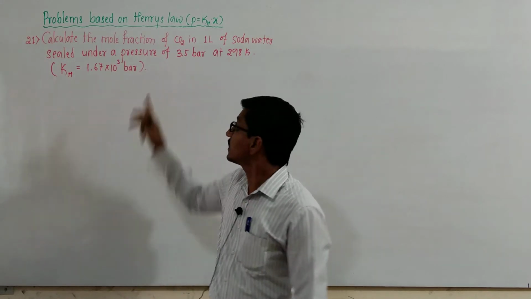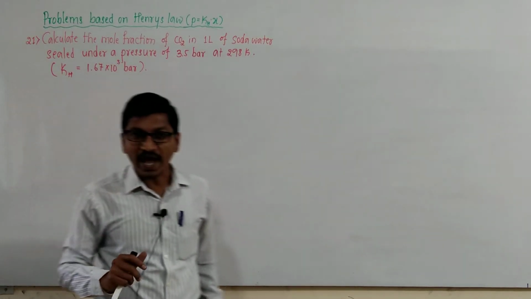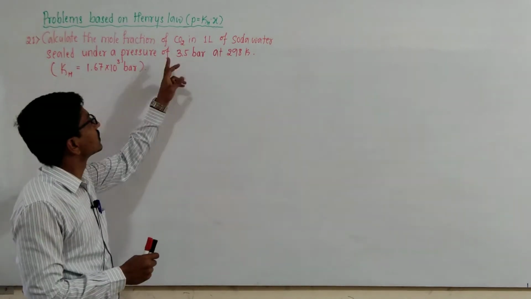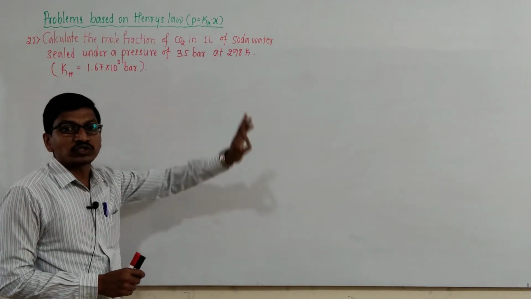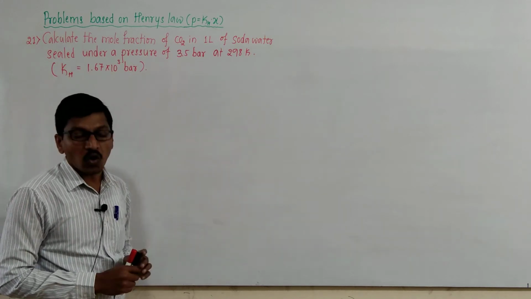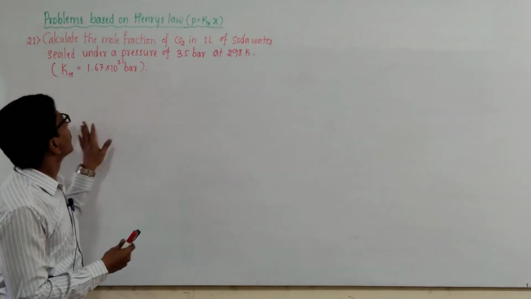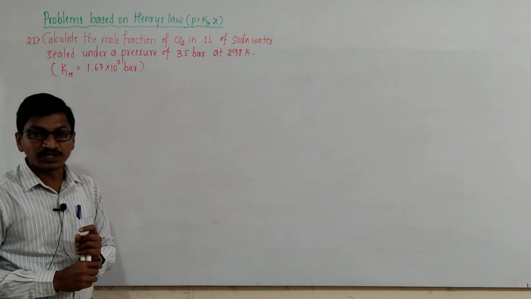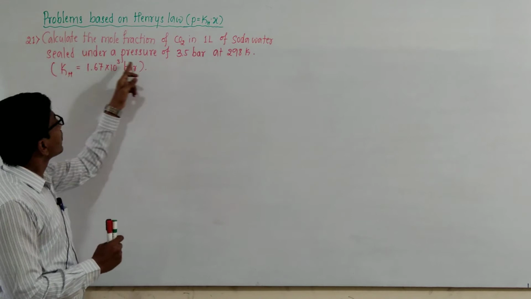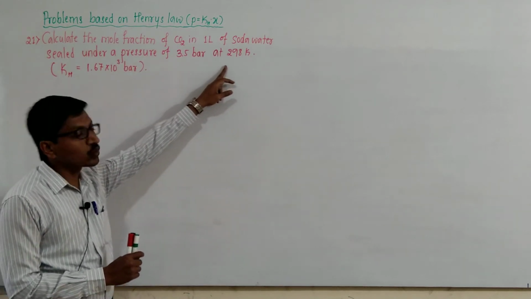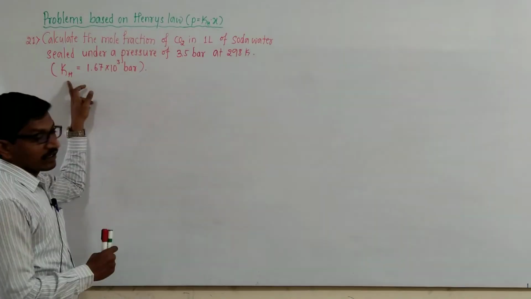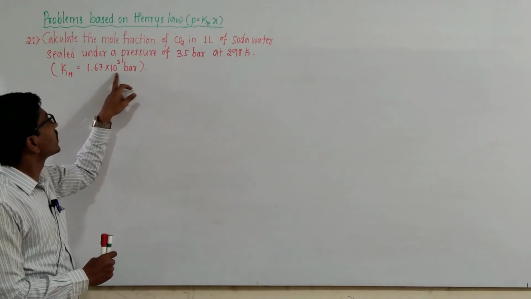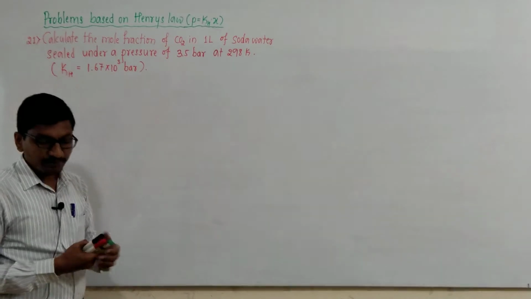Henry's law is nothing but that the partial pressure of a gas in the vapor phase is directly proportional to its mole fraction, and KH is the proportionality constant called Henry's law constant. In this problem, calculate the mole fraction of carbon dioxide in 1 liter of sea water sealed under a pressure of 3.5 bar at 298 Kelvin, and KH value for CO2 is 1.67 into 10 raised to 3 bar.